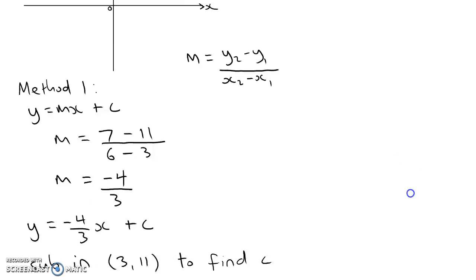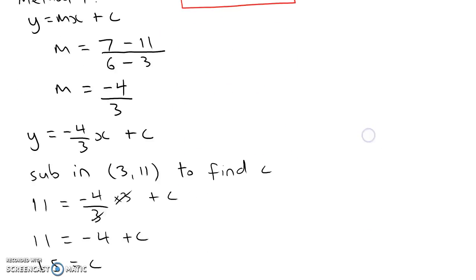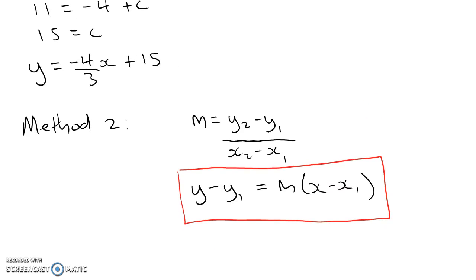So if we go back up, let's highlight that. That's important. And this one here, the point gradient form, is important too, and that's what we're going to use to find the equation of a line using this method.